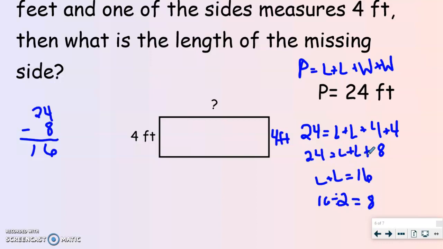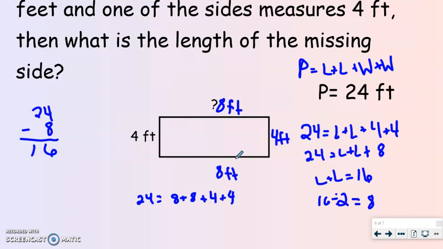So now I plug in 8 over here, 8 feet and 8 feet. Now I'm going to double check and make sure that these numbers all add up to equal 24. So 24 is our perimeter. Let's see if 8 plus 8 plus 4 plus 4 equals 24.